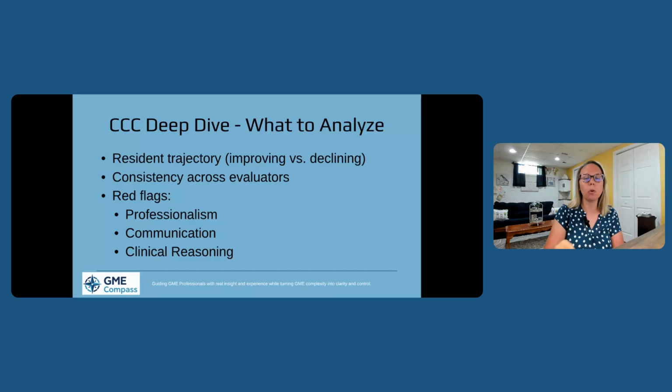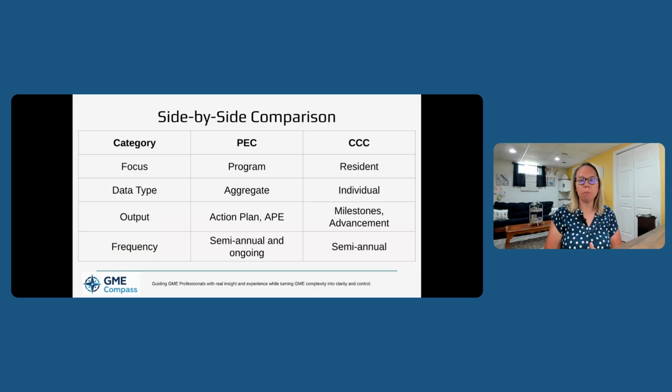You want to make sure that you have a nice number so that you are making a well-rounded decision that isn't happening in a silo. Professionalism concerns, communication issues, as well as clinical reasoning. So the CCC is ultimately trying to determine, is this resident or fellow progressing appropriately? If they are not, what intervention might be needed to help them to be successful?